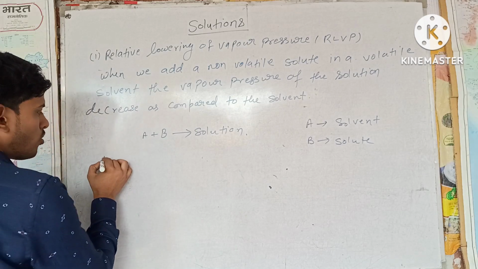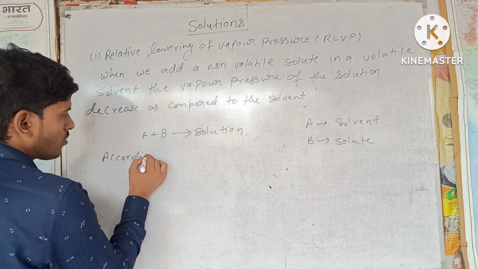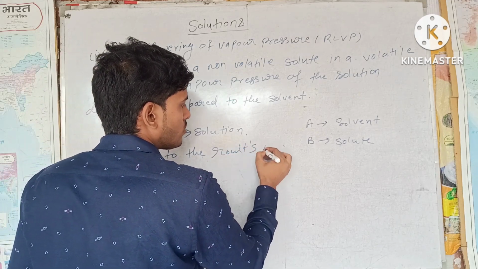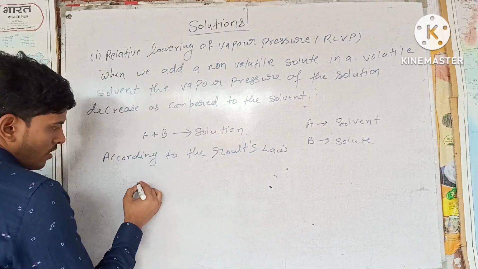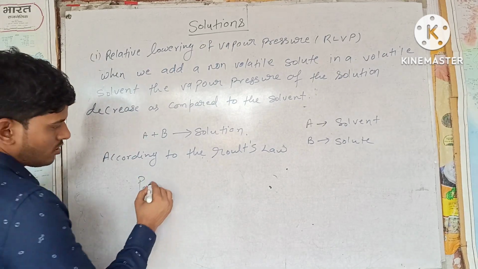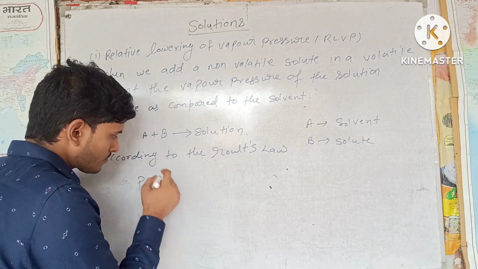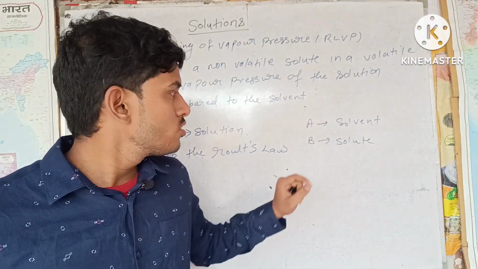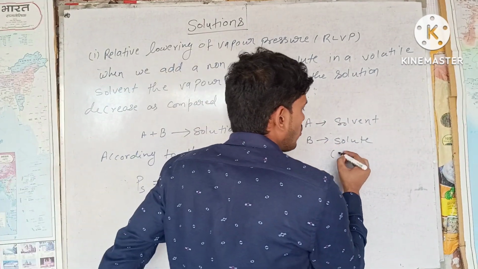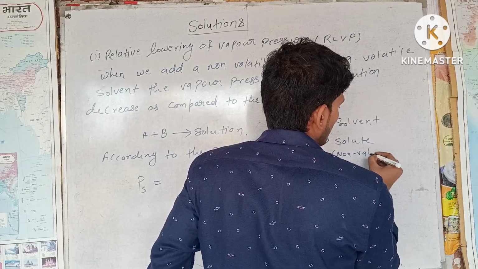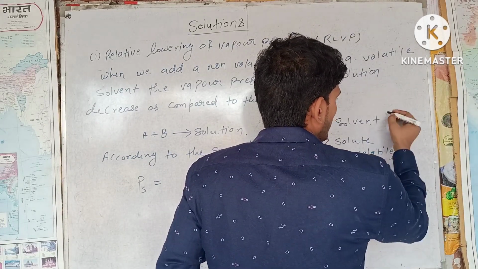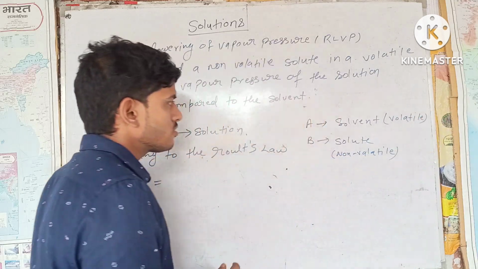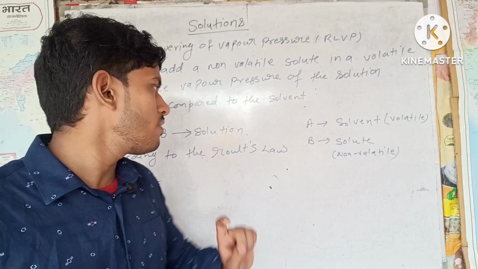According to Raoult's law, B, the solute, is non-volatile, and the solvent is volatile in nature.